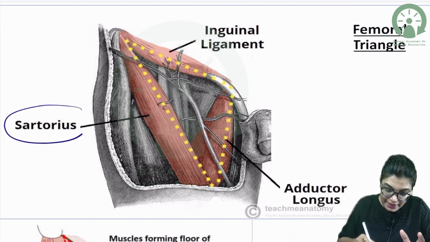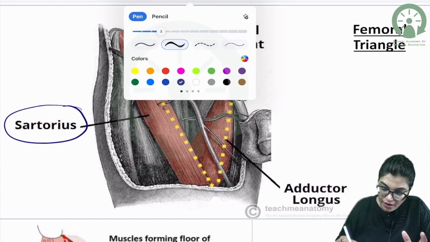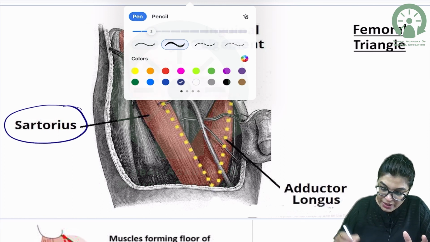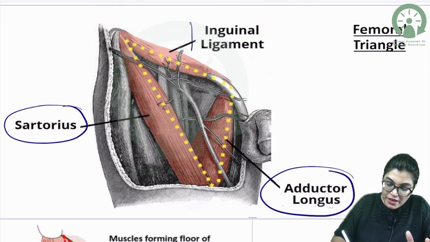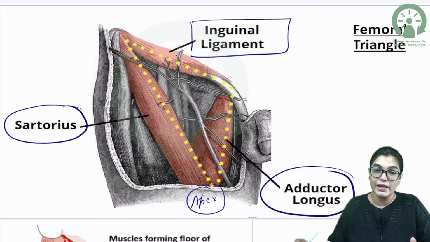It is bounded laterally by sartorius and medially by adductor longus muscle, as you can appreciate in this diagram. Superiorly, the base is formed by inguinal ligament and the apex is formed by overlapping of the sartorius muscle over adductor longus muscle.